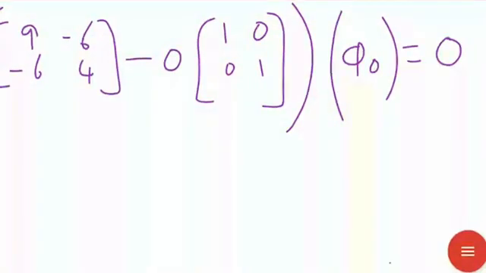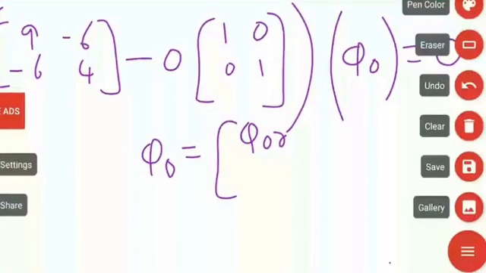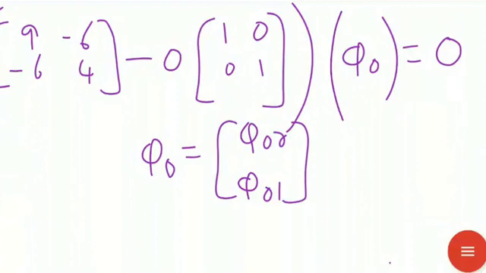So here phi naught is nothing but a column vector. So consider phi naught as like this: phi naught is equal to, let it be phi 0,0 and phi 0,1. Okay. So now substitute here.